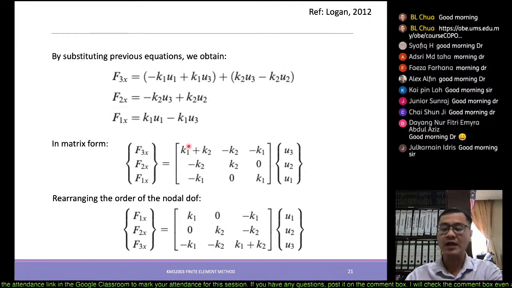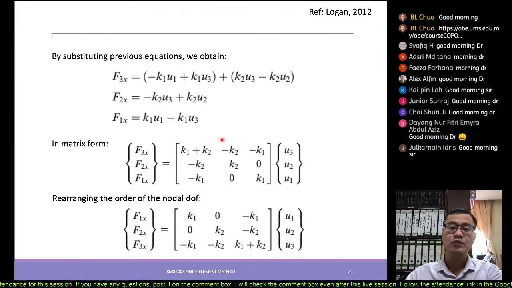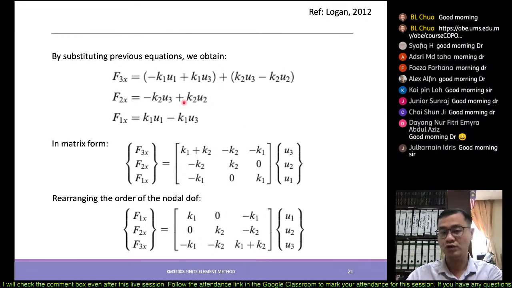Previously we had only 2 simple equations for 2 elements. Now we combine them into a single matrix, and this matrix actually represents various equations.